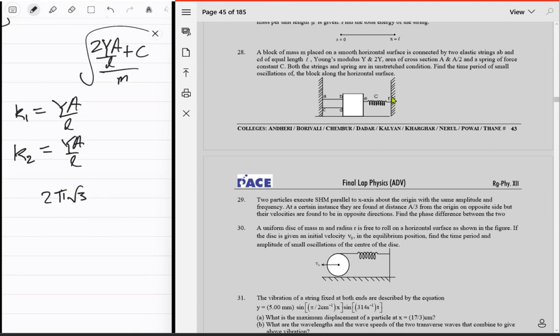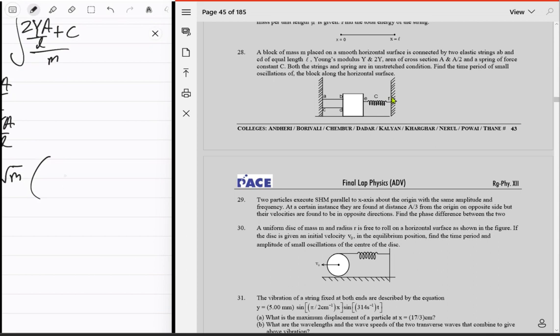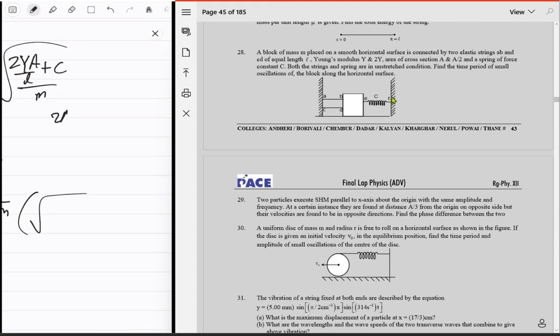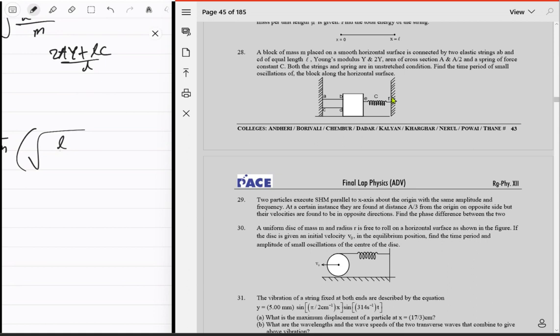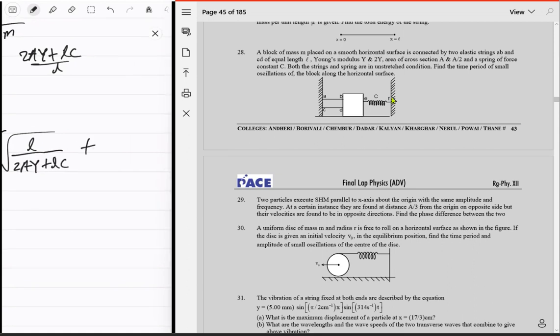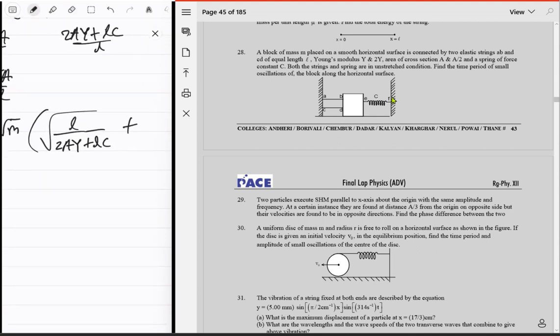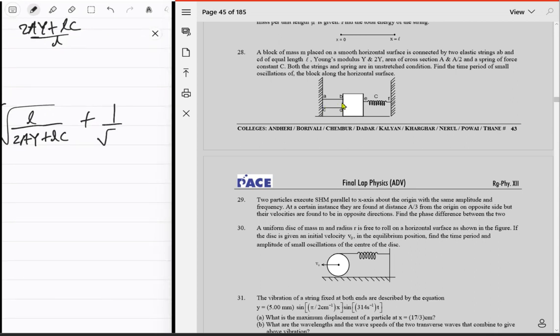Thankfully they didn't give values. Change this a bit: 2AY plus LC upon L, so L upon 2AY plus LC. You don't want 2 pi, just pi actually. And the other one will be square root of M upon K, because of C or whatever. So just 1 upon square root of C, this works out.